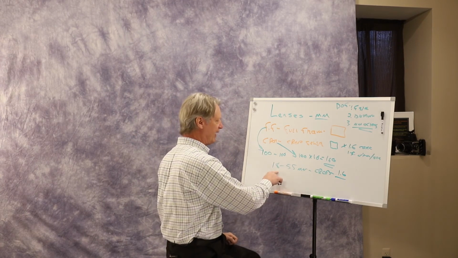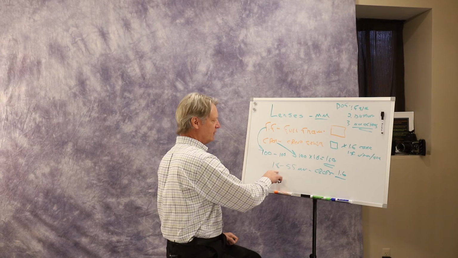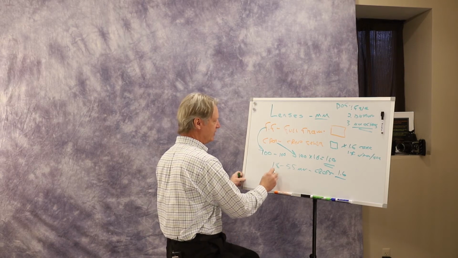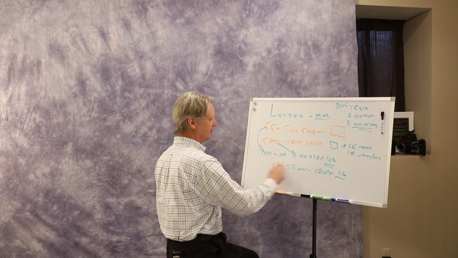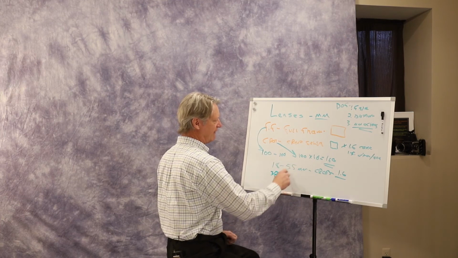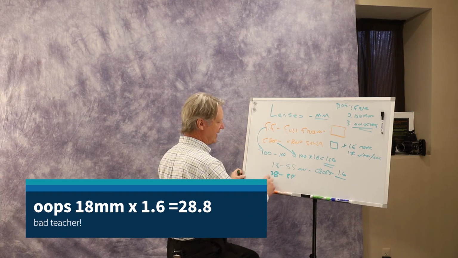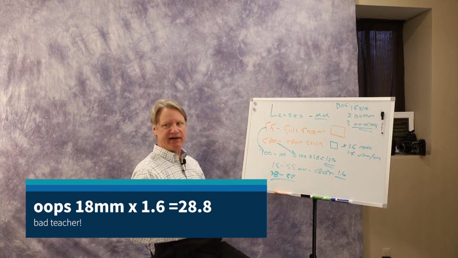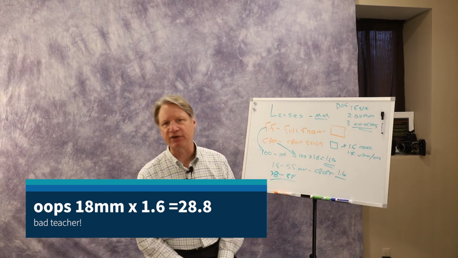So if we multiply that, it's really about a 29 millimeter, and 55 times 1.6 is 88. So it's really 29 to 88. Did I do the math right? I'll have to check it and make sure.